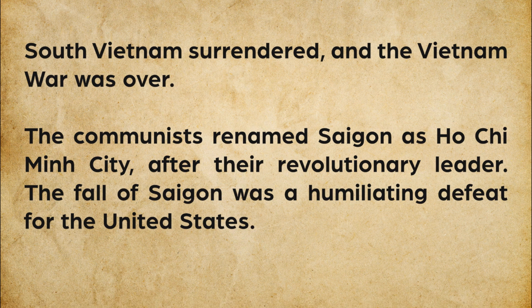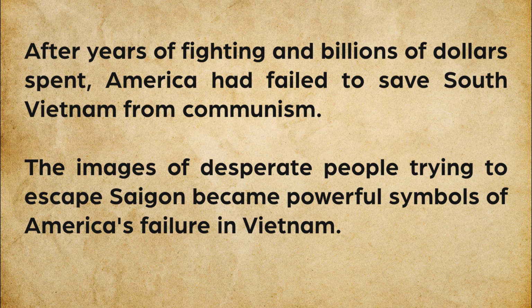The fall of Saigon was a humiliating defeat for the United States. After years of fighting and billions of dollars spent, America had failed to save South Vietnam from communism. The images of desperate people trying to escape Saigon became powerful symbols of America's failure in Vietnam.